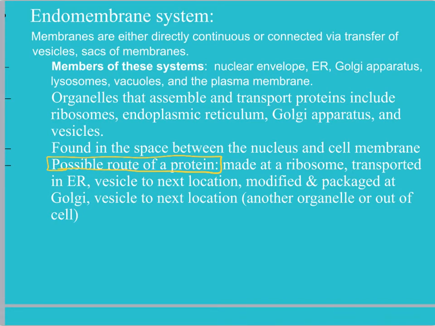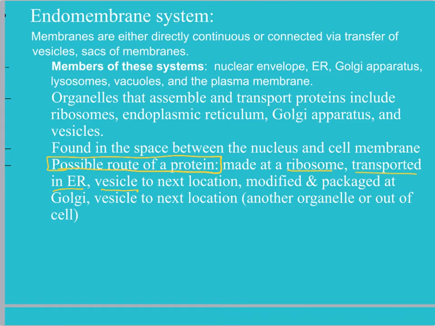So a typical route for a protein: ribosomes make the proteins, and then they're transported to the ER. And in the ER, it's kind of like a highway. And then after it leaves the ER, it's packaged into a vesicle. So the vesicle is like a car, and it protects the protein from being just spit out into the cytoplasm.